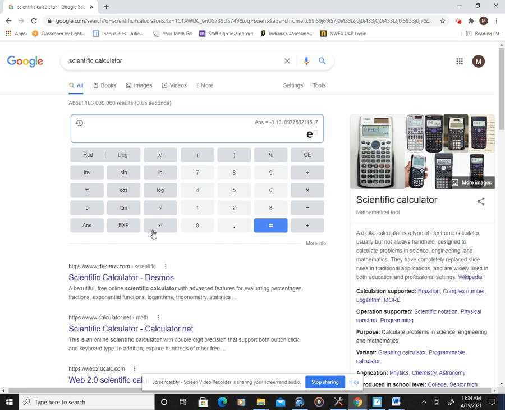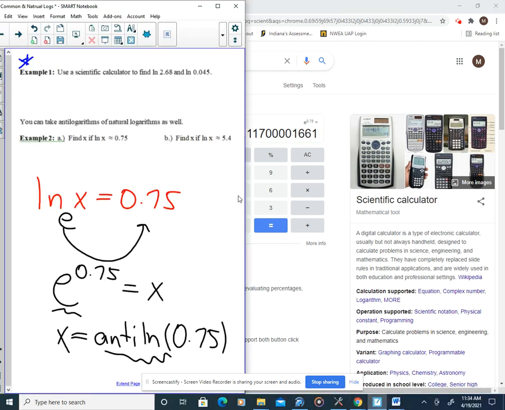And then we would just type in 0.75. It equals. So let's write this down. So A, the answer would be x is about 2.1170.